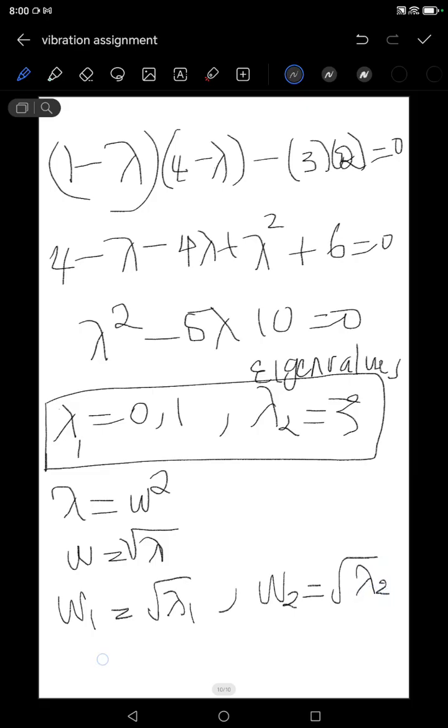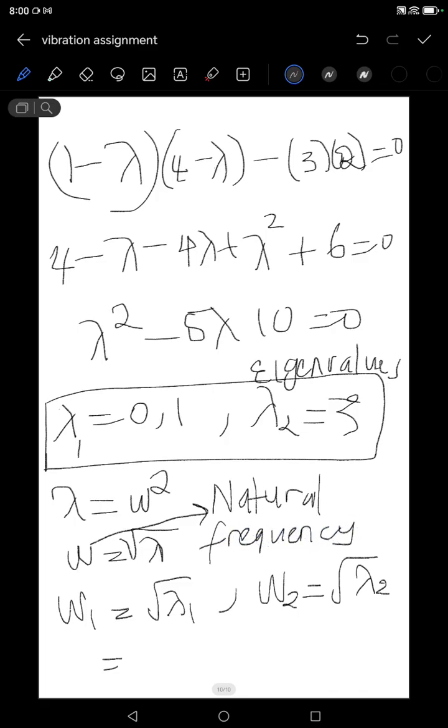And then you get the value of what? Of natural frequency. This w, we call it natural frequency. That's how we get natural frequency. So natural frequency is just a square root of lambda. You start by getting the eigenvalue, and then after getting the eigenvalue, that's where you can get the natural frequency. Natural frequency is a square root of eigenvalue.